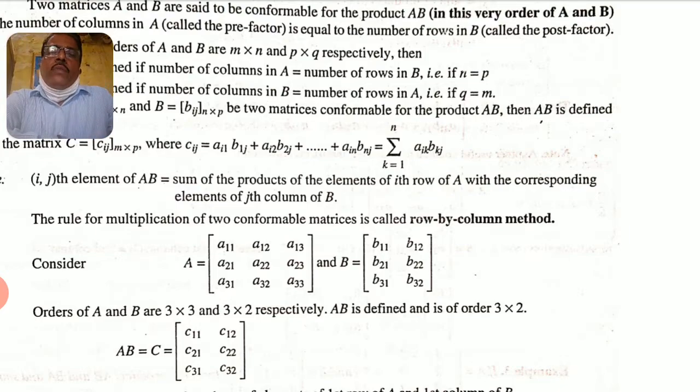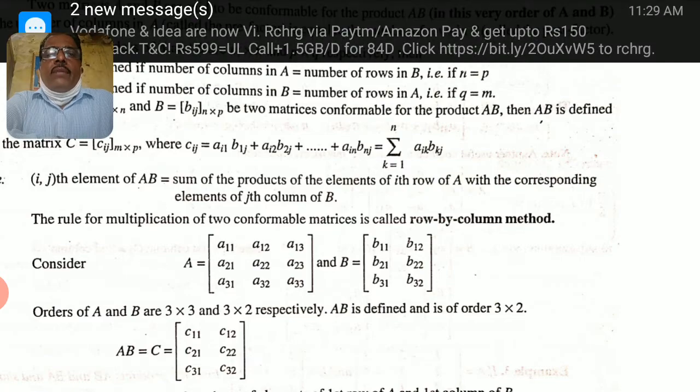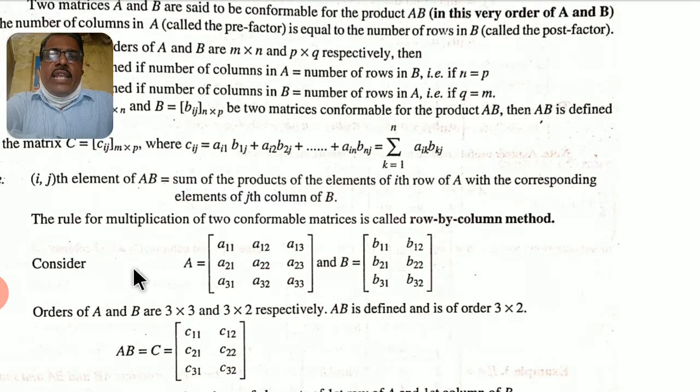To multiply them, it is very important that the number of columns of matrix A is equal to the number of rows of matrix B. Only then can we multiply the two matrices. Suppose A is a matrix of order 3 cross 3 and B is a matrix of order 3 cross 2.